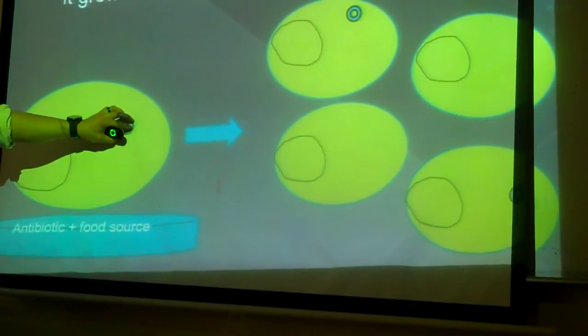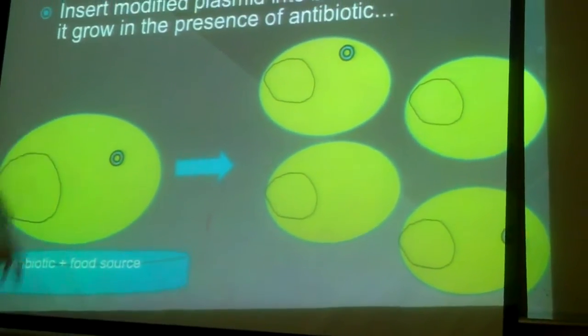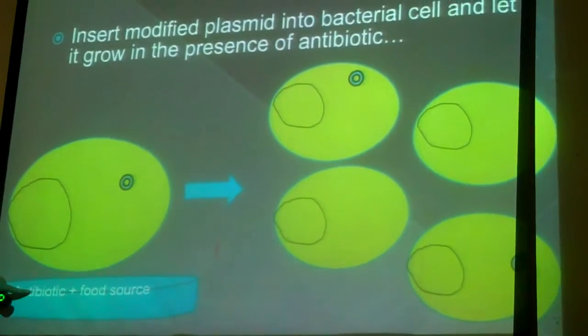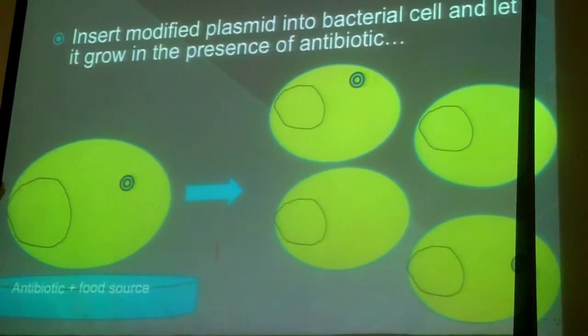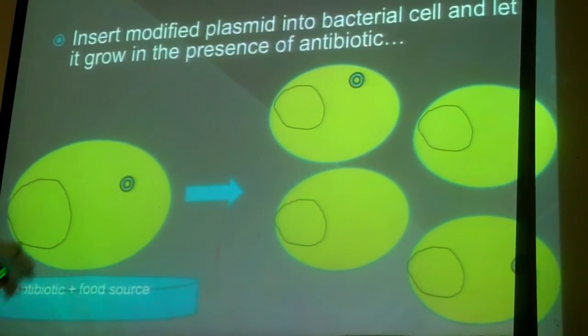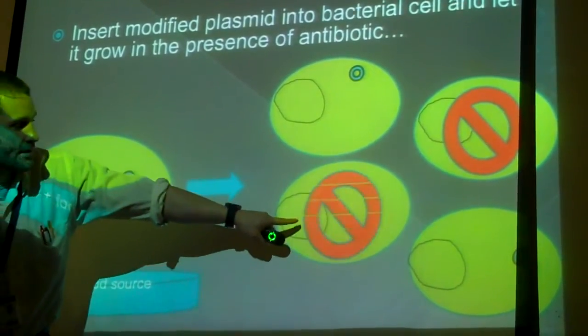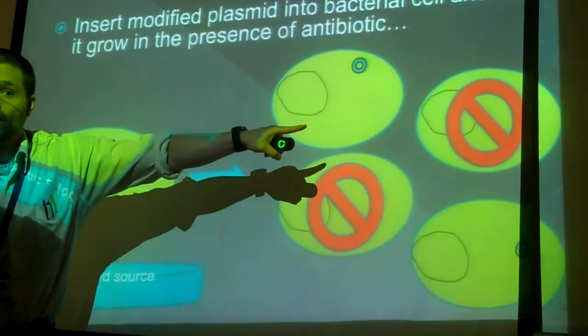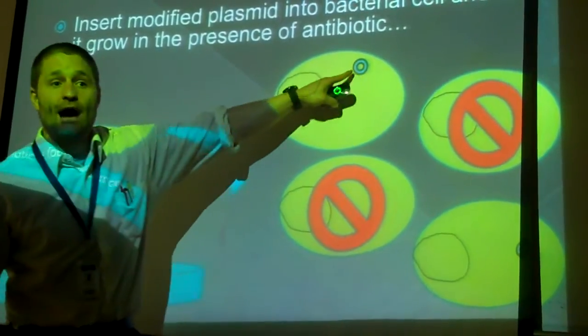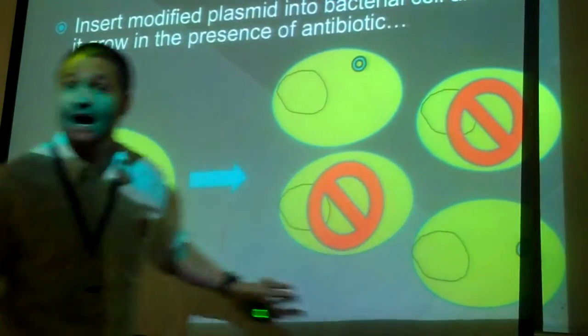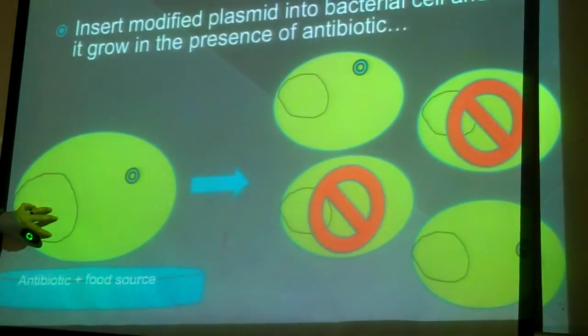It's going to produce a gene, which is a polypeptide eventually, that's going to protect it from the antibiotic, the bacteria killer. So if I put this in this, these are going to die. Only the ones with the new plasmid are able to live in this environment. Does that make sense? Follow me?